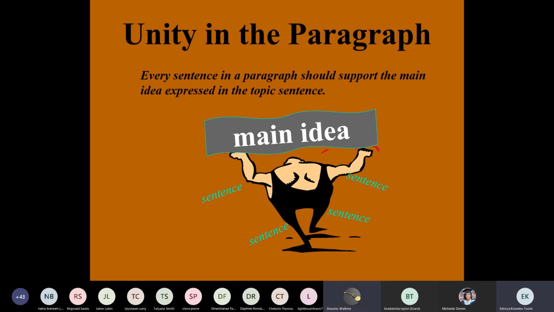Every sentence in the paragraph should support the main idea expressed in the topic sentence. Okay? Every sentence in a paragraph should support the main idea expressed in the topic sentence. So, if we go back to that example that talks about the ways we have tried to destroy rats, and if I start discussing, let's see, the pot cakes in Nassau, does my paragraph have unity?